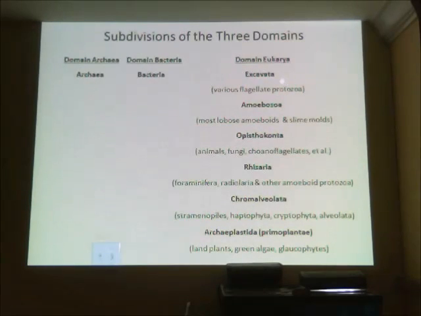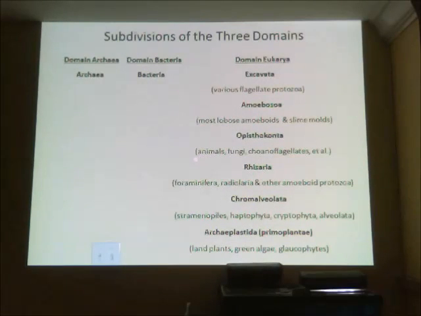That's further divided into the excavata, which are flagellate protozoa, the amoebozoa, most amoeboids and slime molds, and the ones that we're most interested in for the purposes of this discussion and this course, the Opisthokonta and the Archaeplastida. The other ones are microscopic things.